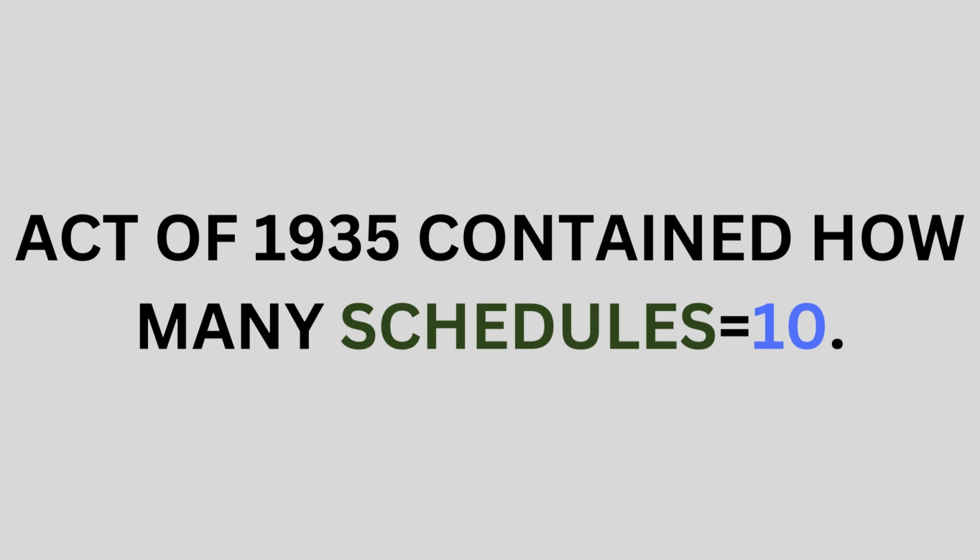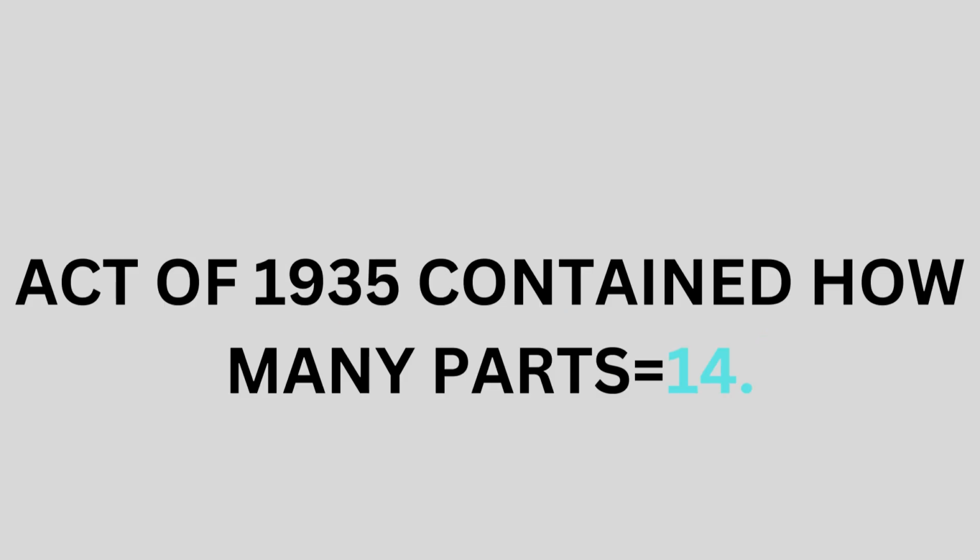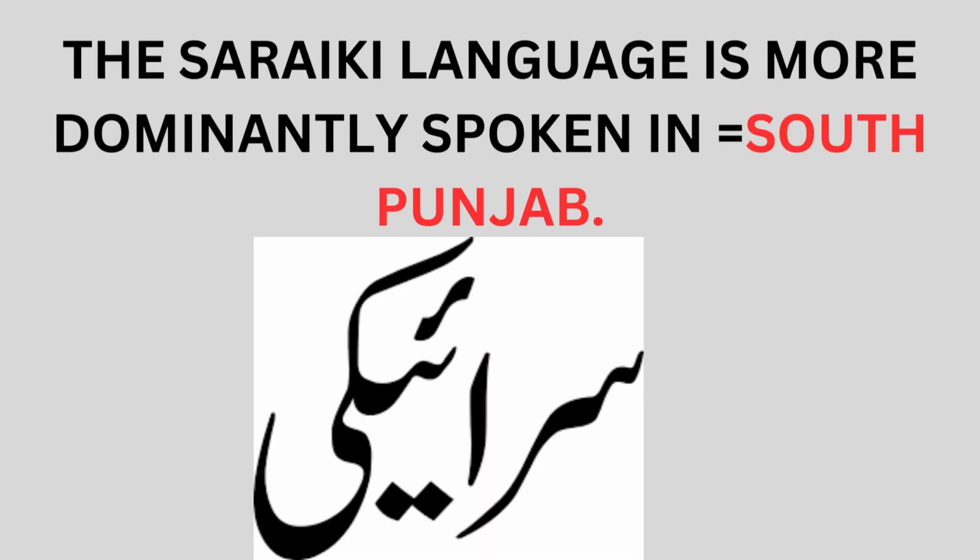So the Act of 1935 contained 10 schedules. And the Act of 1935 contained how many parts? So there are a total of 14 parts in the 1935 Constitution. And the Saraiki language is more dominantly spoken in South Punjab.